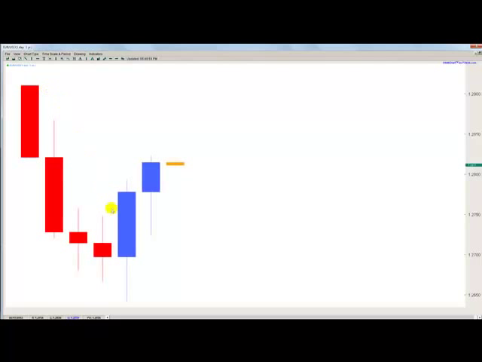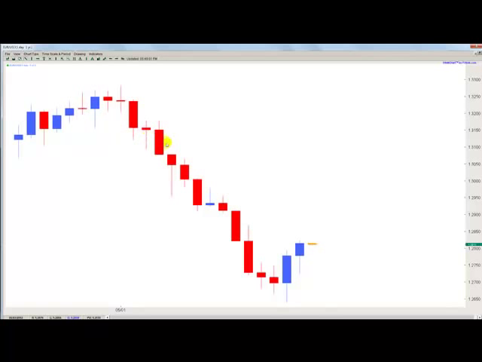But a candle is so much more dynamic, and just the coloration alone helps tell you a lot. For instance, when you see red candles, that meant that it was a down day because we're on a daily chart. So the candle went overall down and not overall up. So it told you that the sellers were in control.